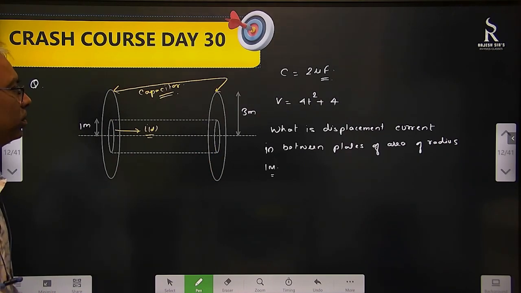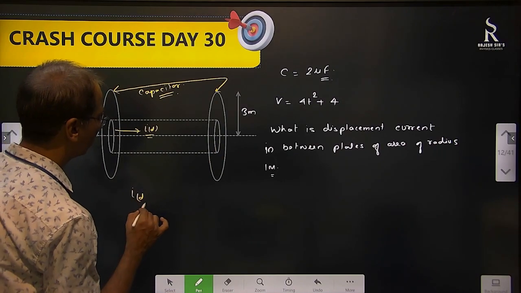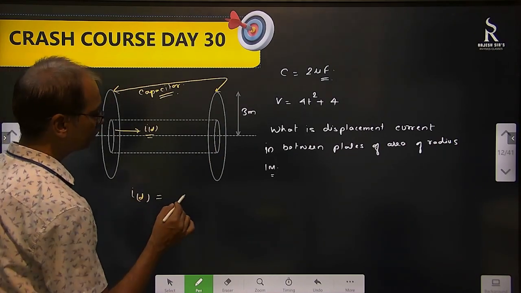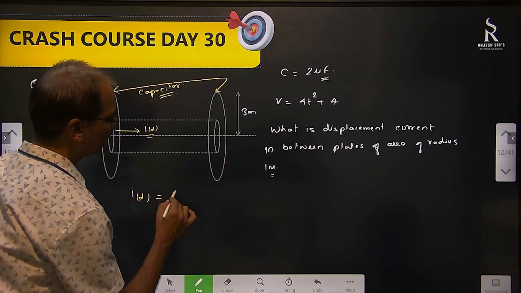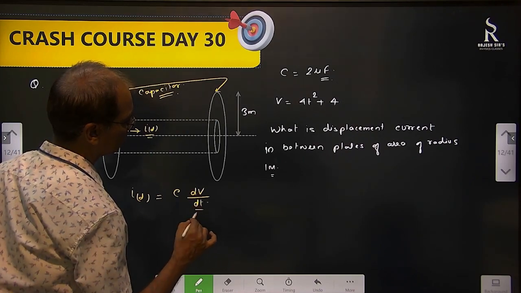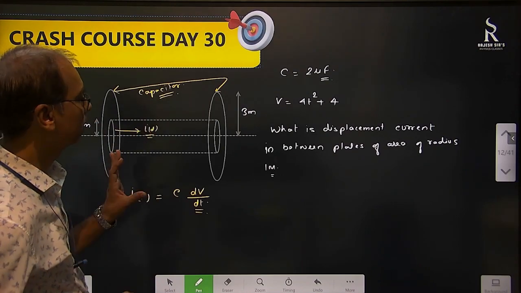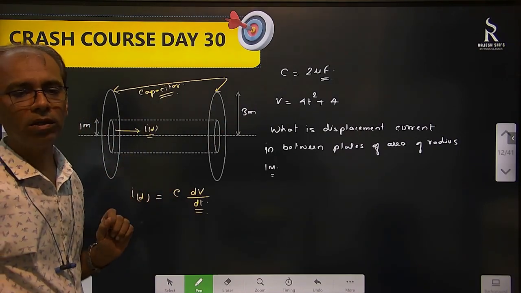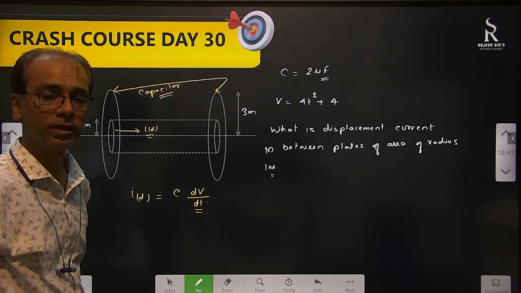Okay, no problem. So displacement current we know already, V is changing. So we know that ID is basically C into dV by dt. Now the question is what is C of this one? dV by dt we can find any day. What is C of this 1 meter radius plate?